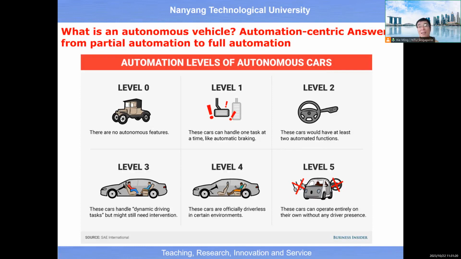Before we go through an overview about perception, planning, and control, we may want to know, what do we mean by autonomy, or what do we mean by an autonomous vehicle, right? Without knowing this answer, you may not know why we need to deploy perception, planning, and control inside the vehicle.